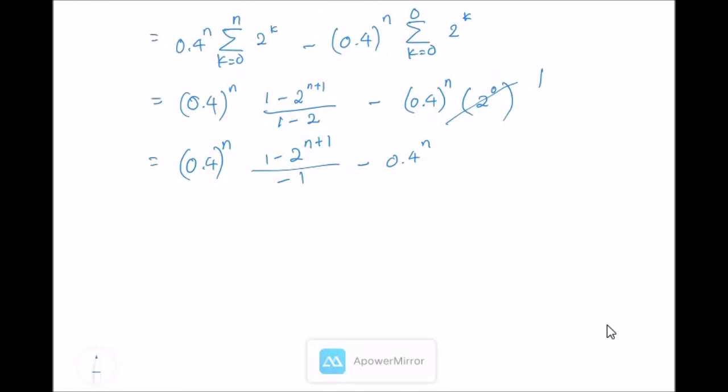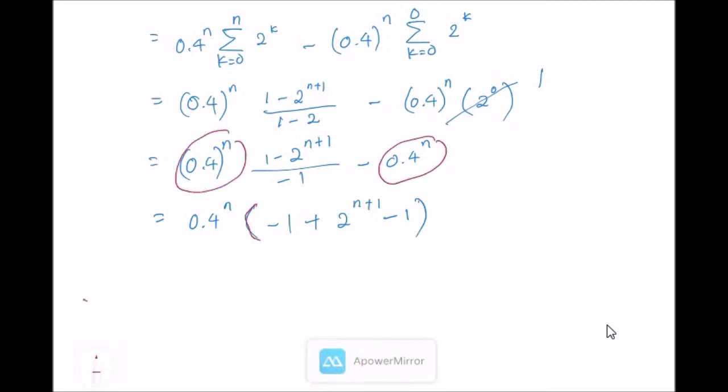Okay. Next, 0.4 power of n. So I separate it, and I get negative 1 plus 2 power of n plus 1, minus 1, because I take out the 0.4 power of n here. So I factorize it and take it out.